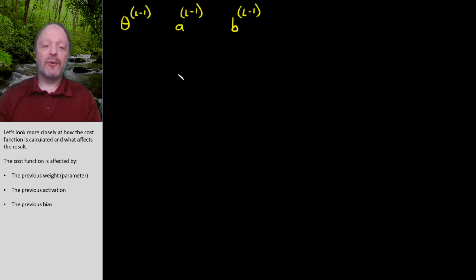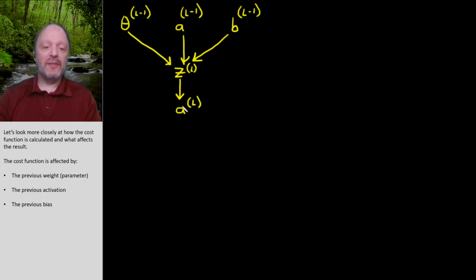Okay, those are going to feed into a Z value, right? Where the Z is just the theta times the activation plus the bias. This is the current Z right here. That is going to feed into the current activation.